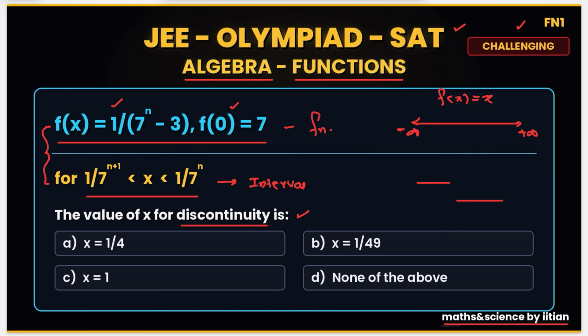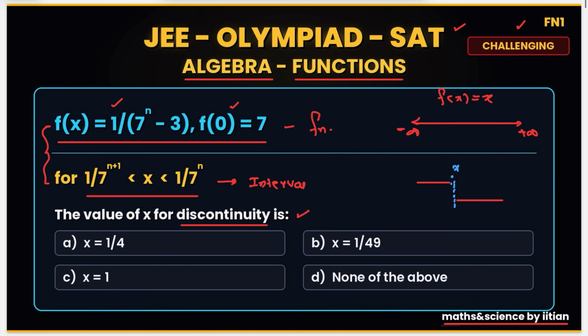At some value of x, function is showing a jump. It is not continuous. It is showing a jump and discontinued. What is that value? Whether x is equal to 1 by 4 or x is equal to 1 by 49 or at x is equal to 1 or none of the above. We have to find out.